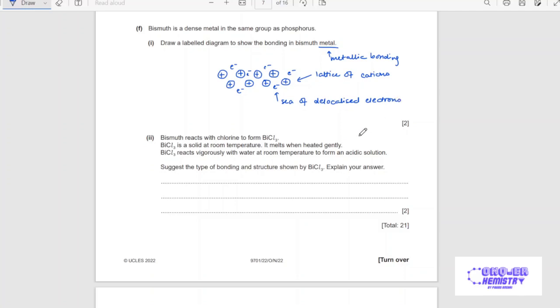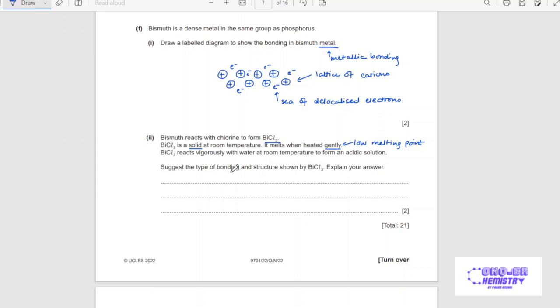All right. Now, it says that bismuth reacts with chlorine to form BiCl3. And BiCl3 is a solid at room temperature and it melts when heated gently. All right? So that tells me that it has a low melting point. Then, BiCl3 reacts vigorously with water at room temperature to form an acidic solution.